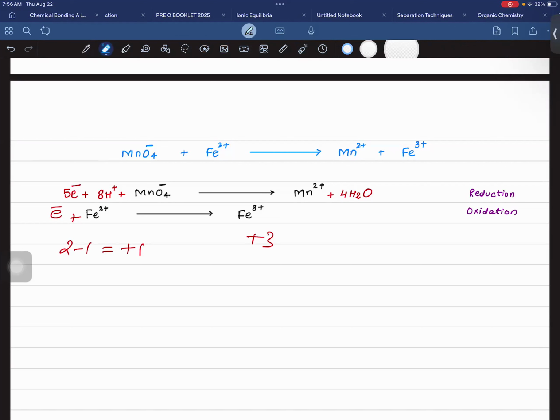Right, exactly. Right-hand side. I told you this is the hint: add electrons on the side in which you have the larger number. In the reactant side, you have +2. This is +3. 3 is the larger number, so I am adding electron over here.